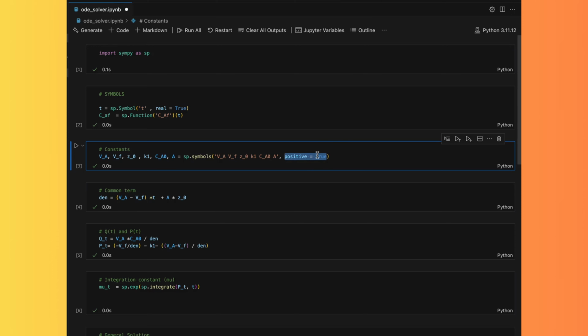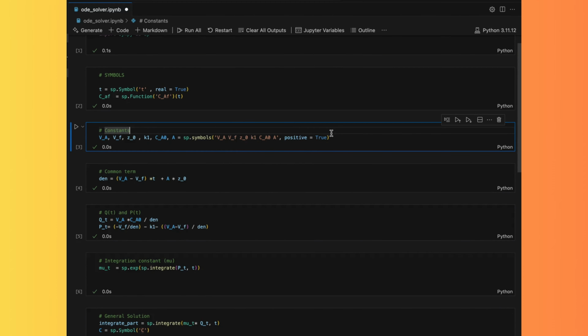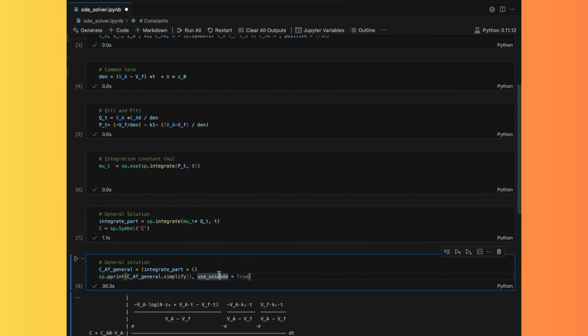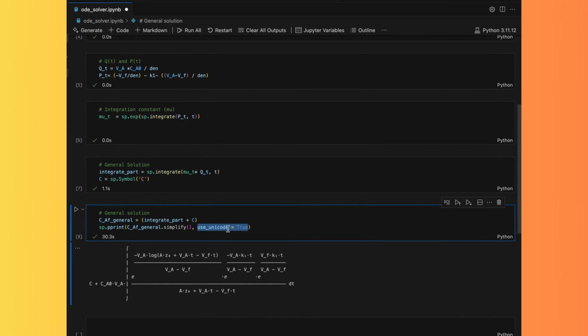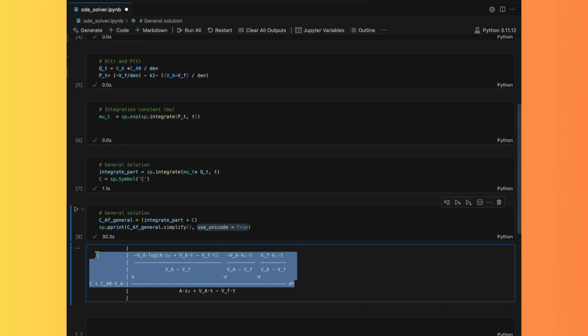Positive equals true means these values are always positive, they cannot be negative. These help SymPy make assumptions about the formulas. Unicode equals true means the output will be given in this form, with LaTeX form.